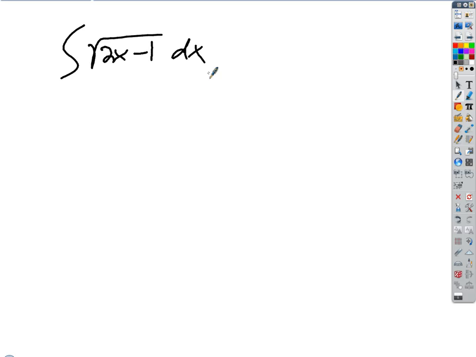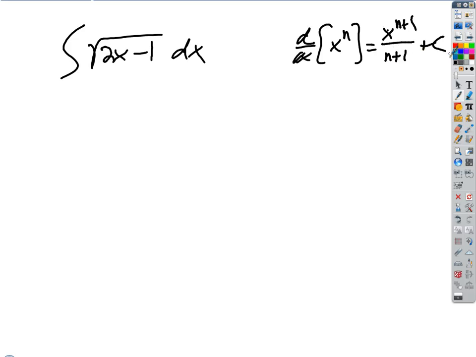When I say it doesn't fit a standard form, let's think of our short list of standard forms. For example, we know that the integral of x to the n equals x to the n plus 1 over n plus 1 plus c. Oops, we're doing integrals, aren't we?